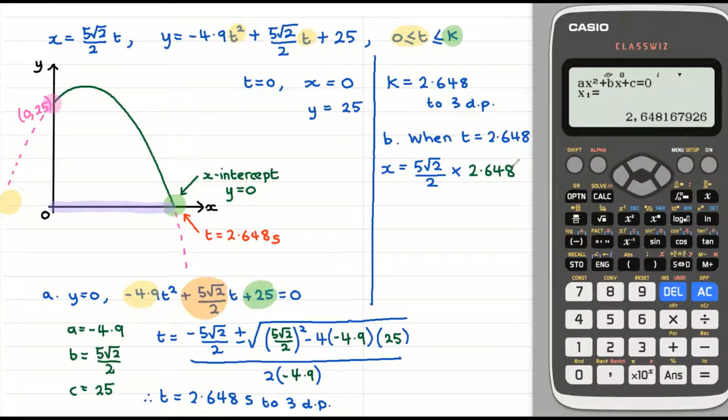On my calculator, let's go to the normal operations. So we have 5 root 2 over 2, and then multiply that by 2.648. This will give us the horizontal distance, and this is in meters. So this is 9.36 meters.